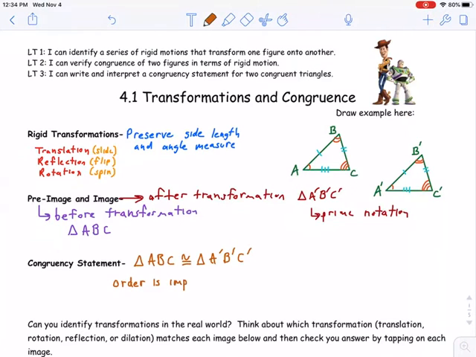Okay. What do I mean by that? A was first, so A prime must be first. B was in the middle, so B prime must be, so on and so forth. All right? You got to match the corresponding parts.